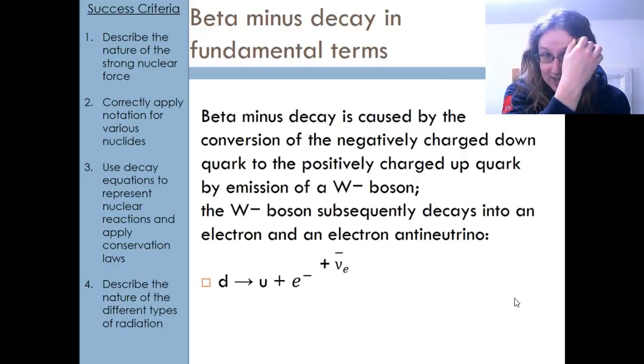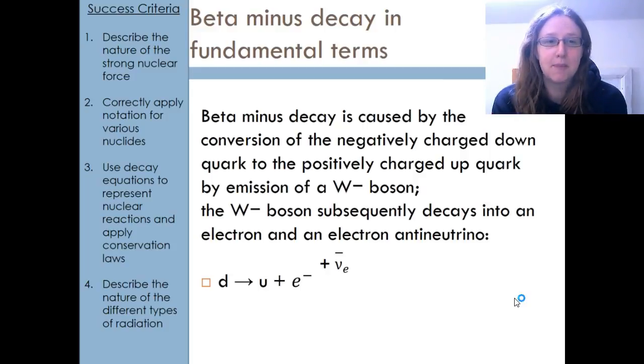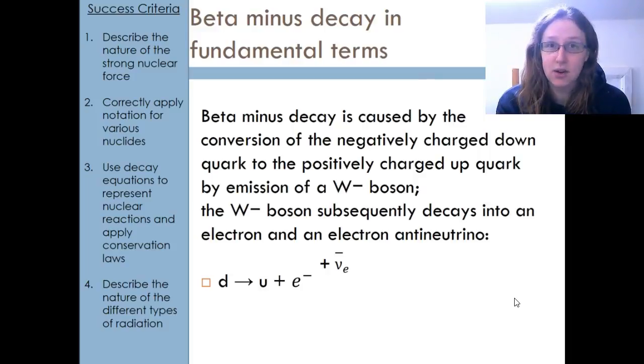So what happens is that a down quark becomes an up quark. And at the same time, a W minus boson is emitted, and then the W minus boson decays into the electron and the electron antineutrino. So basically I go from a down to an up, plus an electron, plus an anti-electron neutrino.